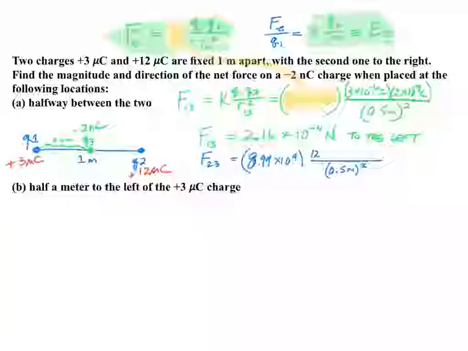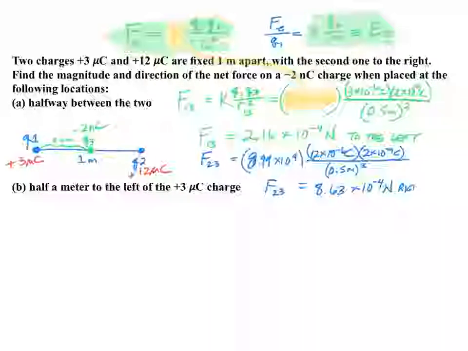And I'm going to have 12 times 10 to the minus 6 coulombs for that right-hand charge, charge 2. And then we're going to have the middle charge again in that computation. So F23, or the force of 2 on 3, is going to end up being 8.63 times 10 to the minus 4 newtons to the right.